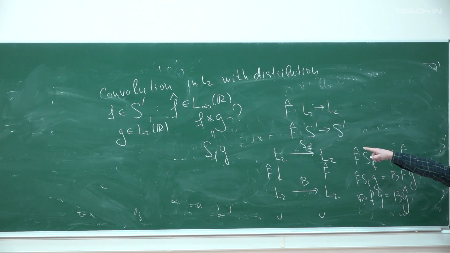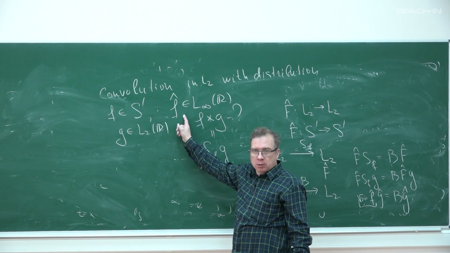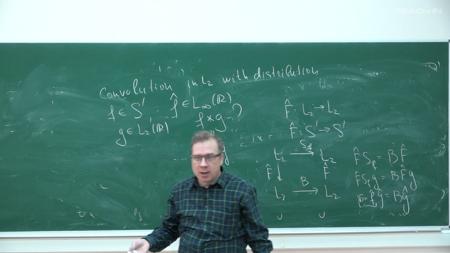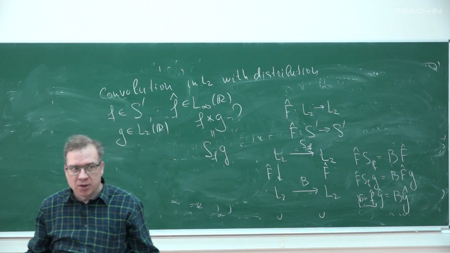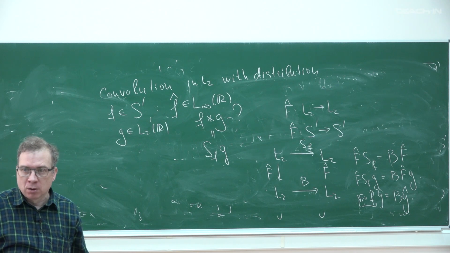So the operator of convolution is similar to what operator? Multiplication by this function. So if the Fourier transform is bounded, then your operator is bounded. You can easily find the spectrum of this operator. Yes, it is the values of this function.